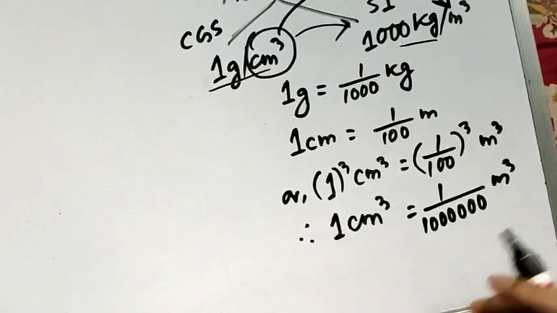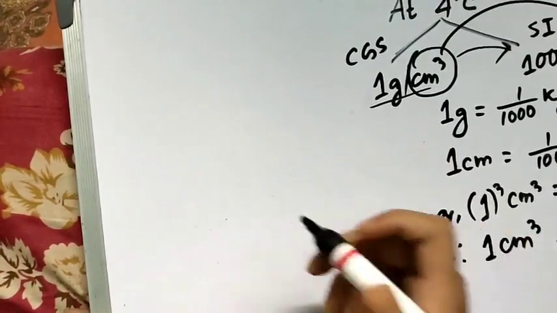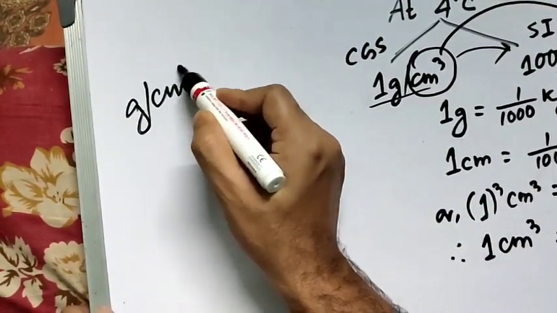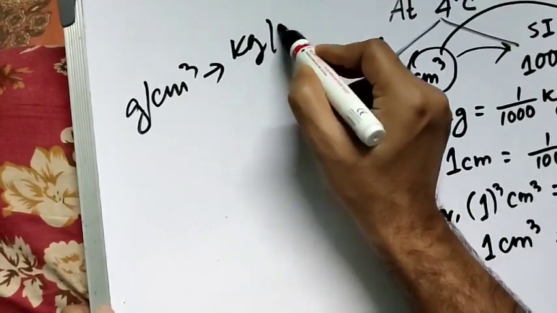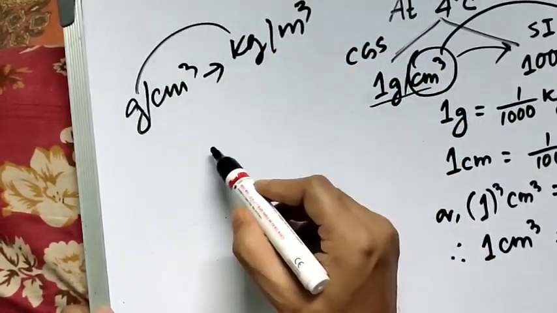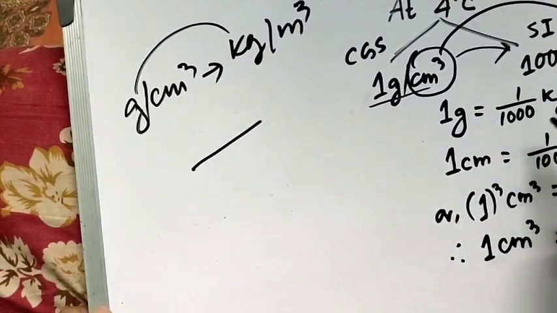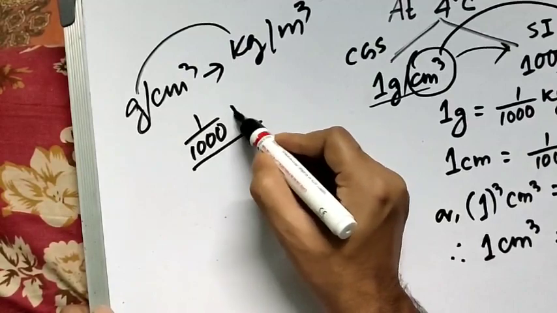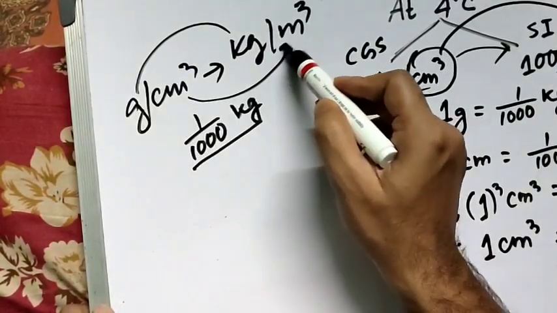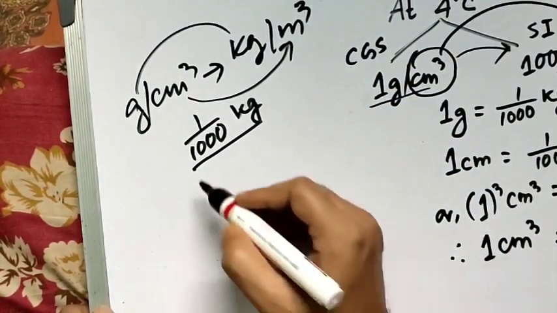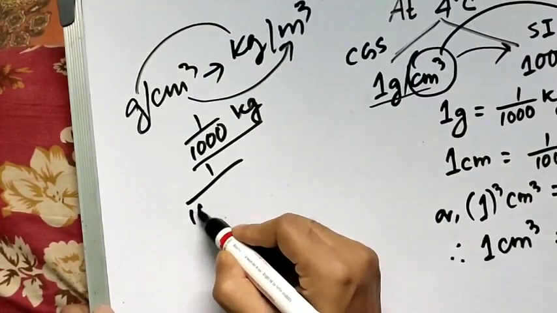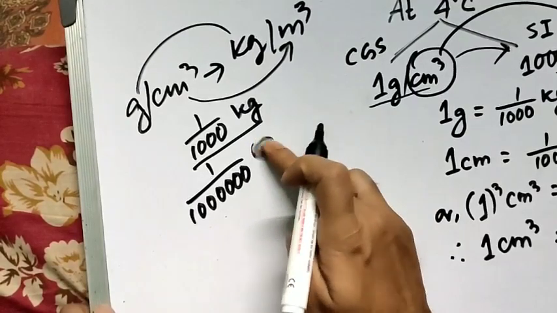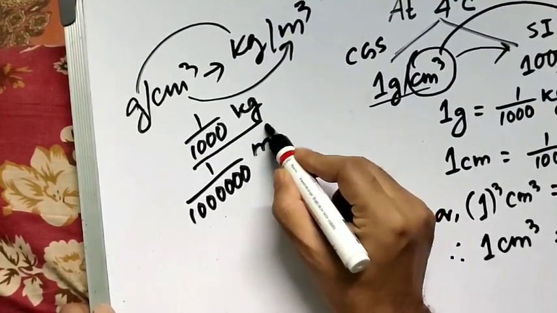Now let's see how the conversion is done. Gram per centimeter cube to kg per meter cube. So gram to kg on the numerator is 1 by 1000 kg. Centimeter cube to meter cube, so let's write 1 2 3 4 5 6 meter cube.